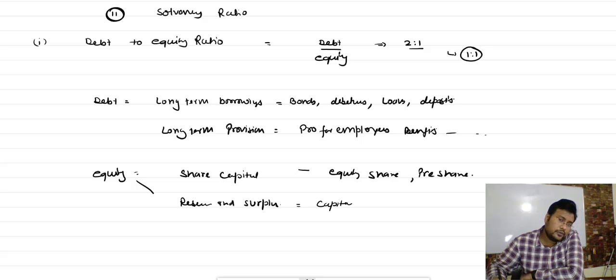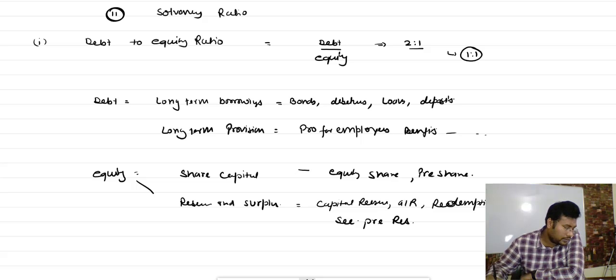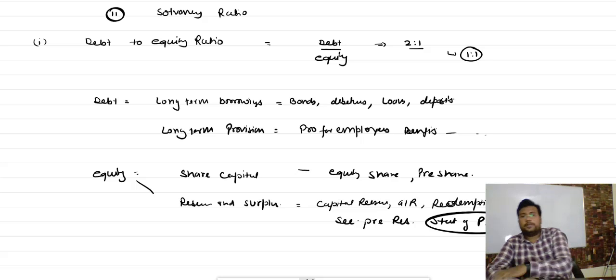Generally all types of reserve: capital reserve, general reserve, redemption reserve, securities premium reserve, and the statement of profit and loss account, that is also included. So this is all about the equity.